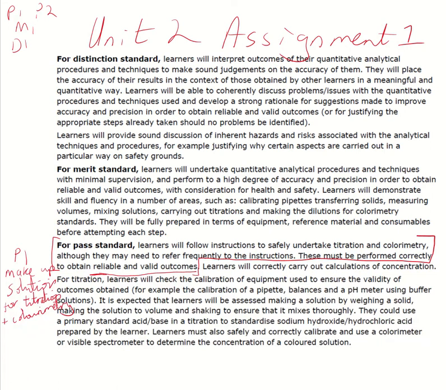So the standard solution initially, when you're asked to sort of make up a 0.1 mole per decimeter cube solution, 250 cubic centimeters of it. And likewise for the colorimetry, where you're making up the calibration curve and then carrying out the practical, that would be your P1. So generally that should be fairly easy to obtain.